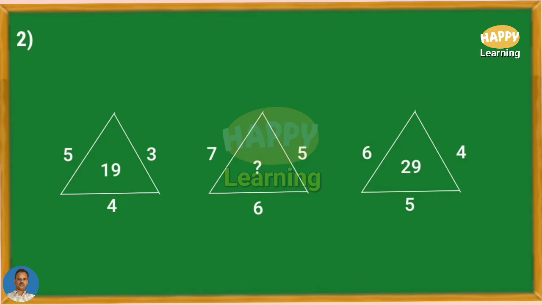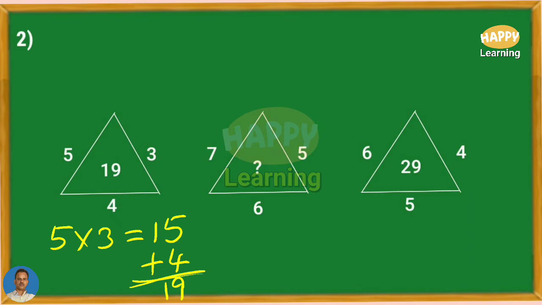Here 5 into 3 equal to 15. Then plus 4 gives 19.